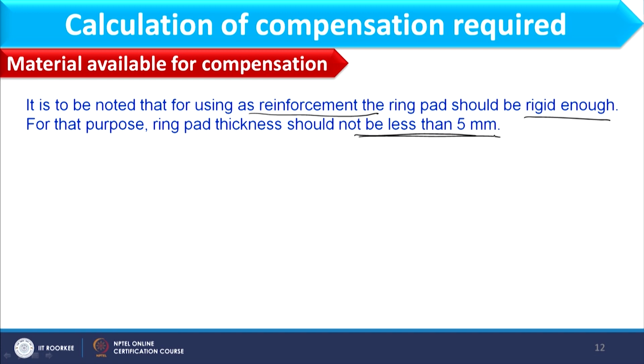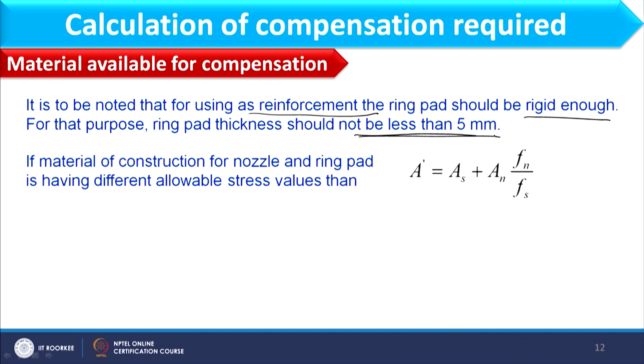So, if the material of construction for the nozzle and ring pad has different allowable stress values, then A dash I will write like this: that is AS, the additional material in shell, plus AN, the additional material in nozzle, into Fn, that is the allowable stress of nozzle, divided by Fs, the allowable stress of shell material.